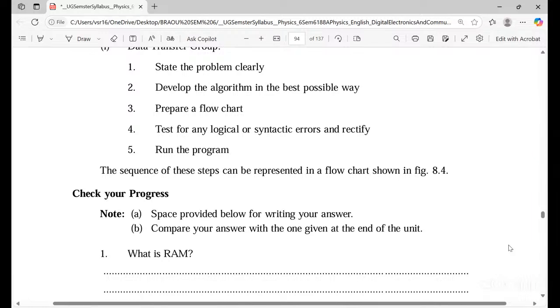So here, state the problem clearly and develop the program algorithm in the best possible way. Flowchart. Next, test for any logical or syntax errors, and run the program.